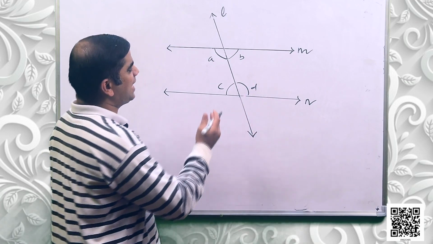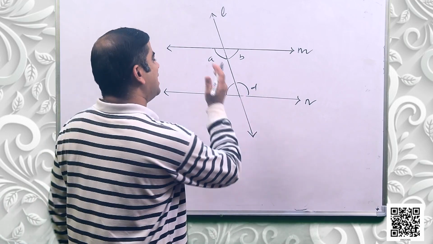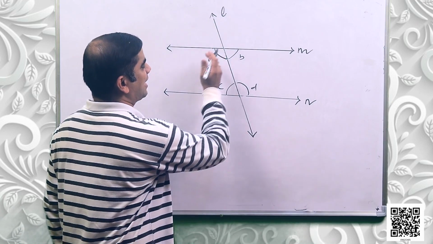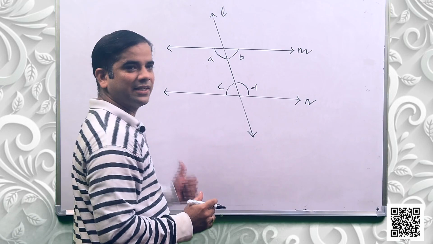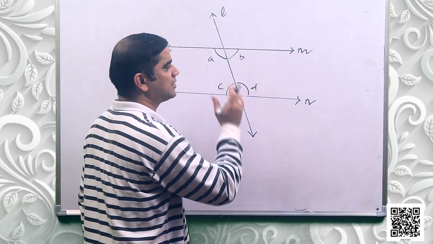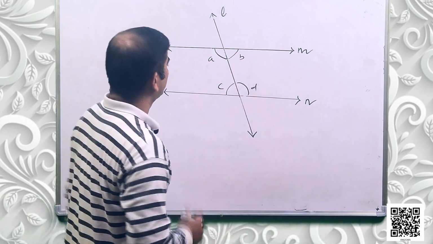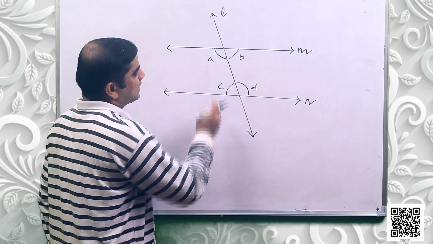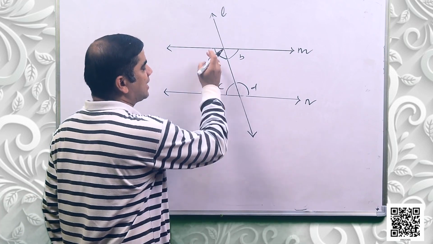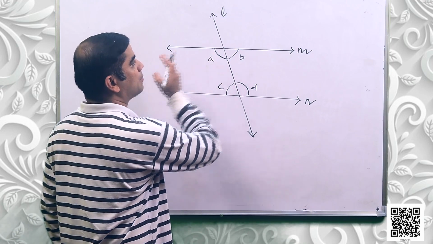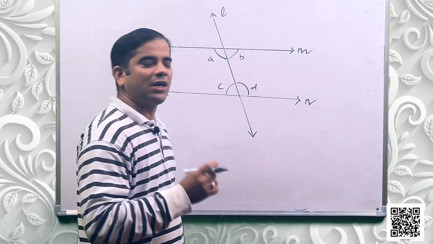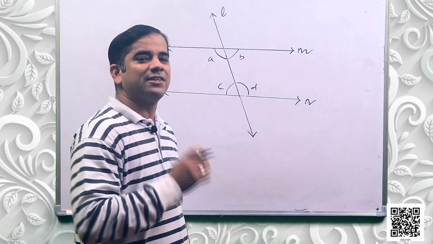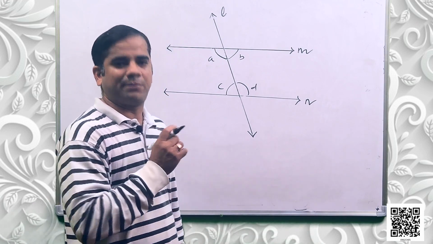So, the internal angles on one side of the intersecting line are A and C towards the left, and B and D towards the right. The sum of the internal angles on one side of the intersecting line is also called co-interior angles, which we have already studied in previous chapters.